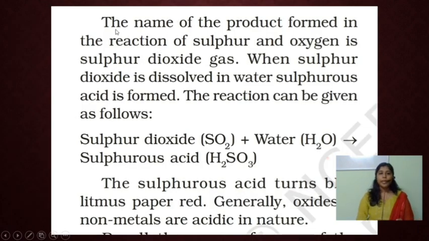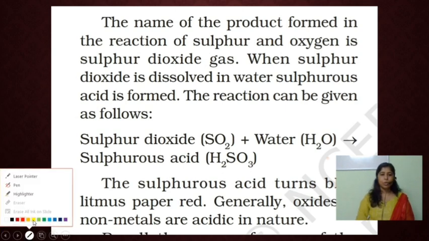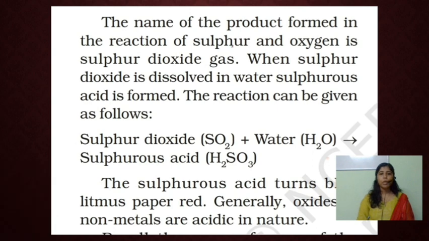Also, here we are taking another non-metal, that is sulfur. Sulfur is also an example of a non-metal. And we know that when sulfur reacts with oxygen, sulfur dioxide gas is formed.